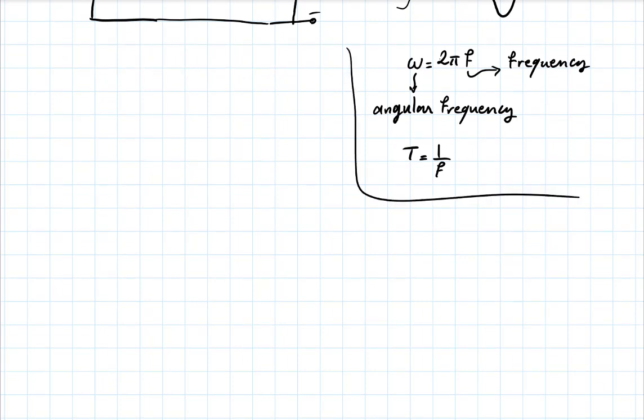So to analyze this, I'm just doing my KVL: minus V in plus VD plus V out equals 0.